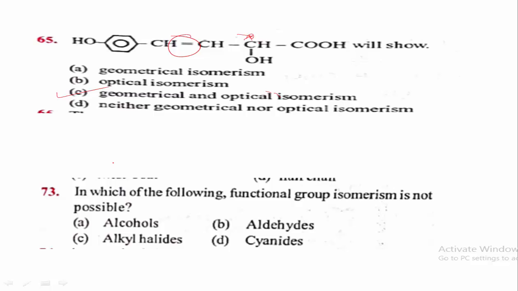Alcohols and ethers, aldehydes and ketones, cyanides and isocyanides are functional group isomers. If you know this point, which type of compounds do not show functional isomerism? Alkyl halides. Therefore, the correct answer for this question is option C.